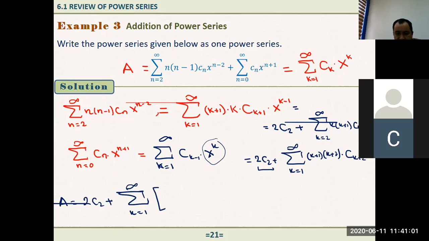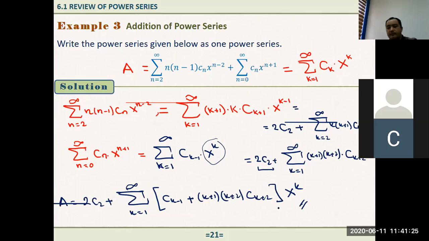X to the power k is a common factor. Here we have c sub k minus 1 plus k plus 1, k plus 2, c sub k plus 2, and here we have x to the power k.